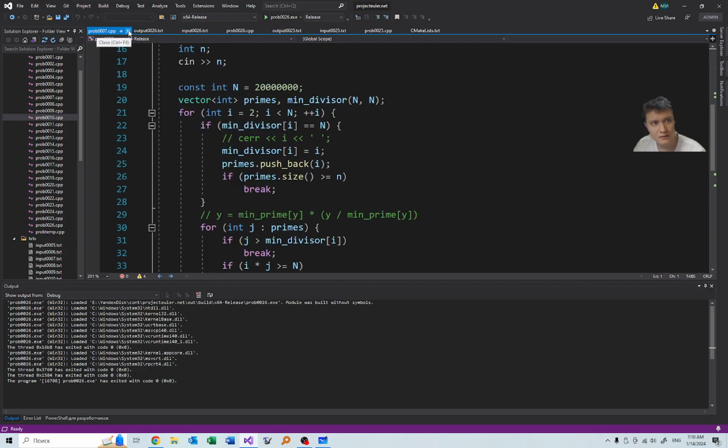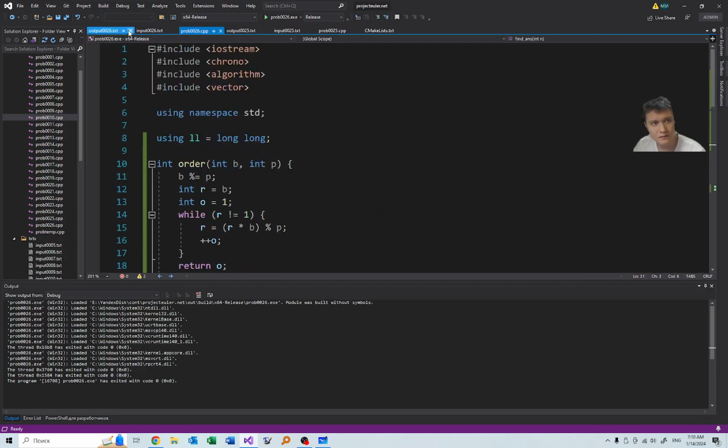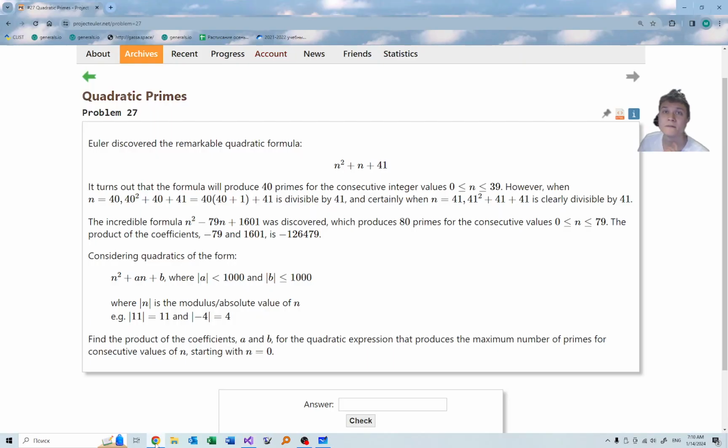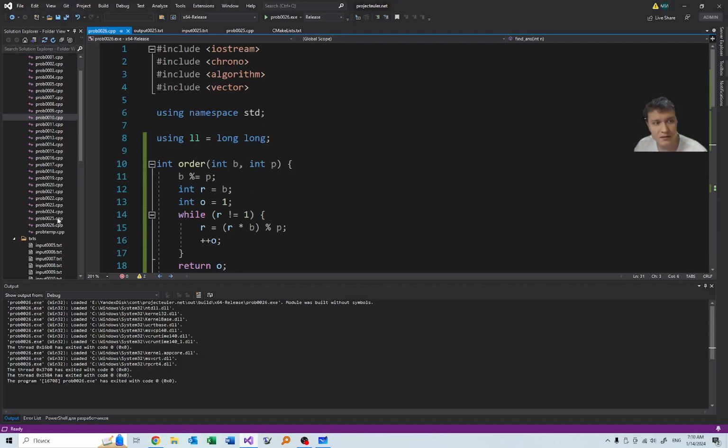Okay, and I just check these two numbers and I return the nice answer. I definitely don't need long arithmetic, so I don't turn it on.